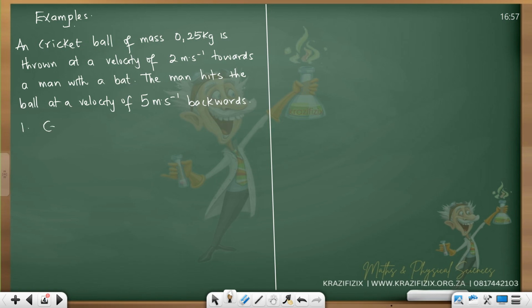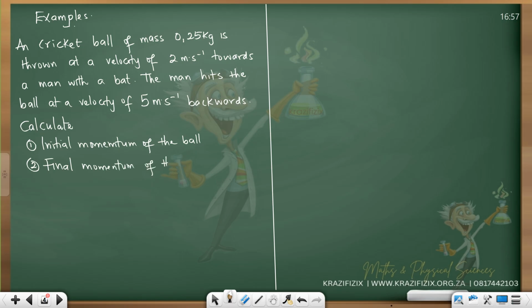1. Calculate the initial momentum of the ball. 2. Final momentum of the ball. 3.